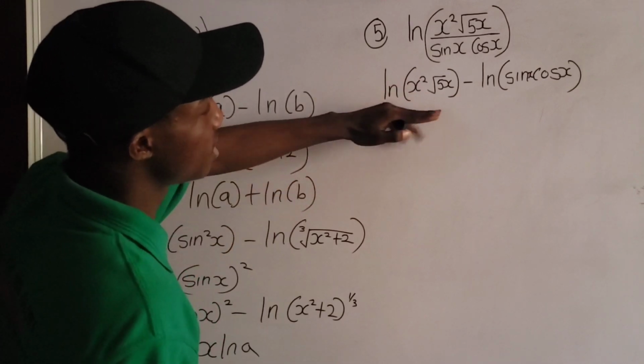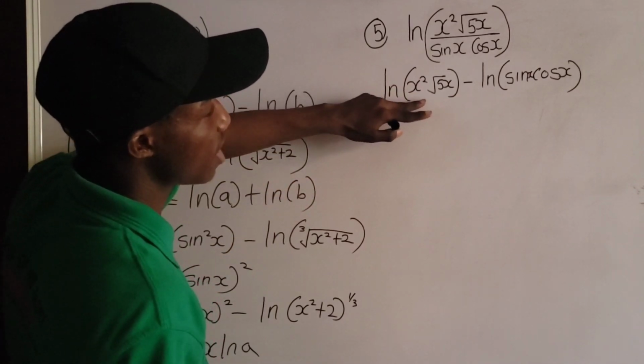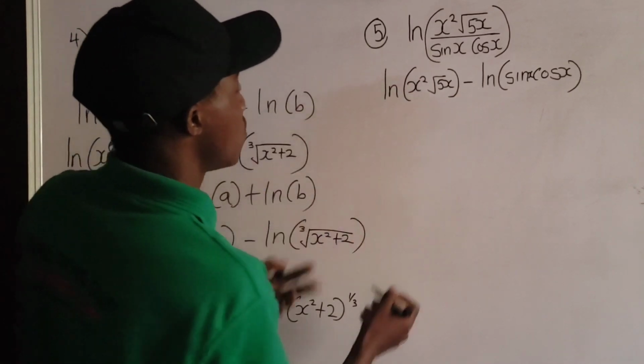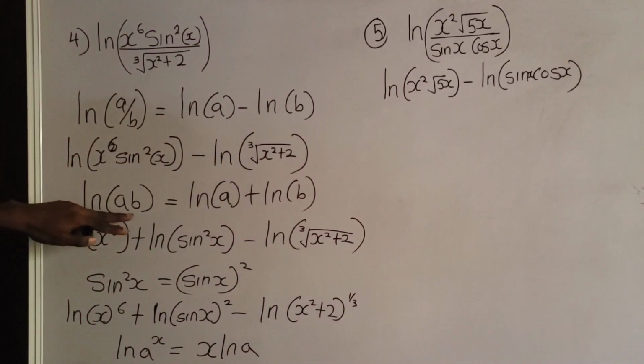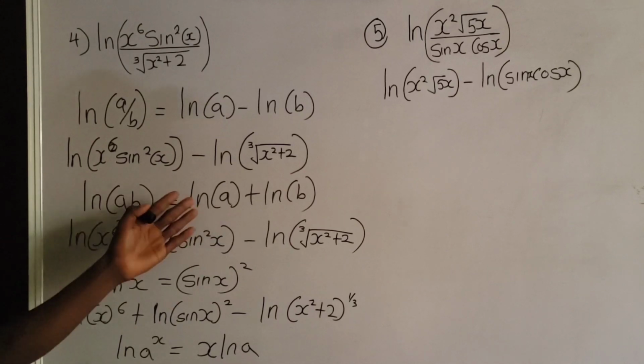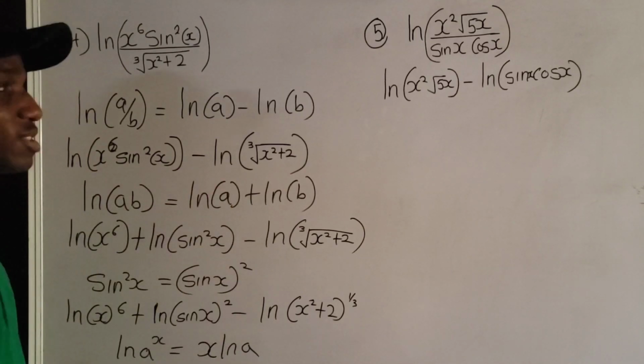The second step: you can see that there is a product sign between x squared and root of 5x. I told you that when we have a natural log of the product of a and b, it can also be written as natural log of a plus natural log of b, that is the addition rule.